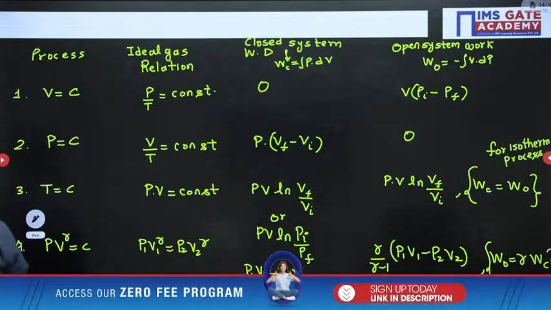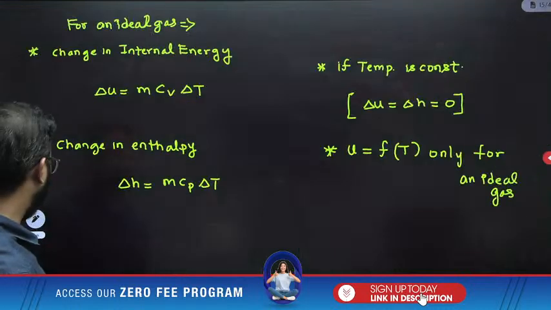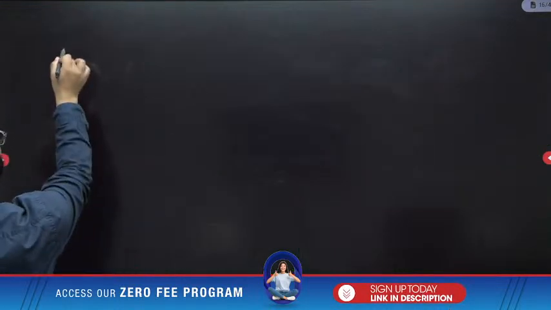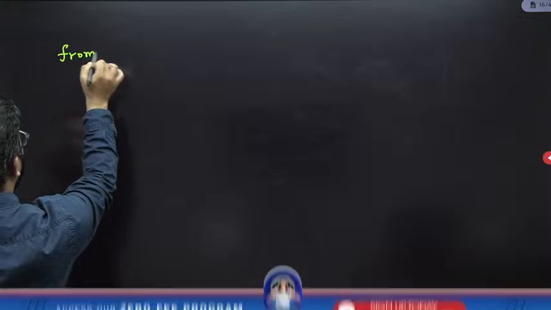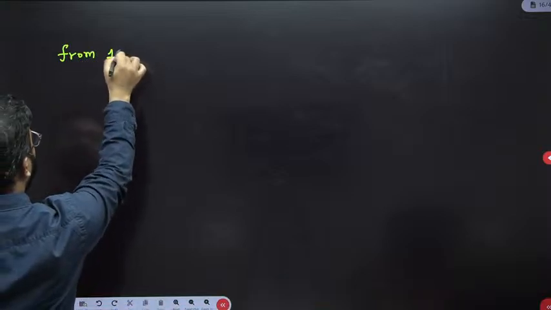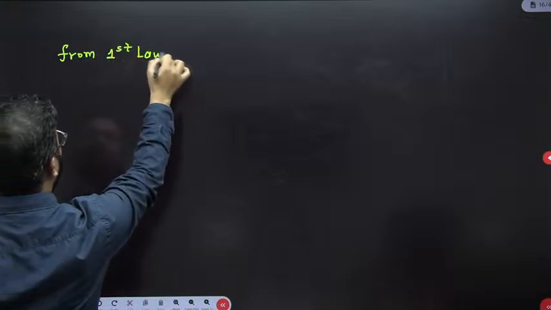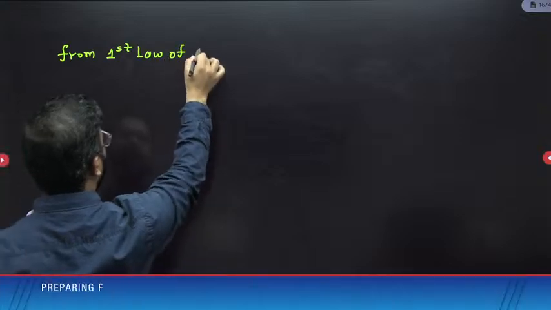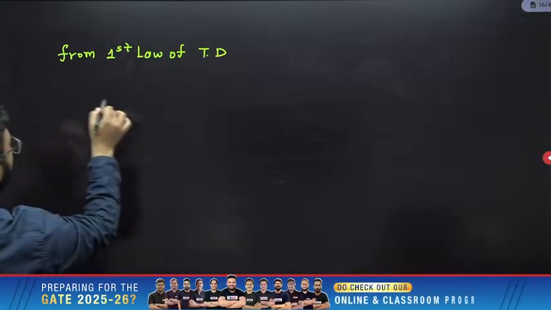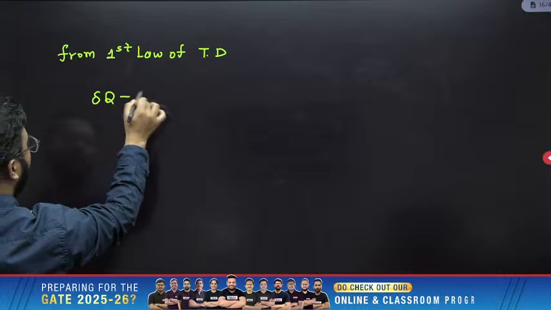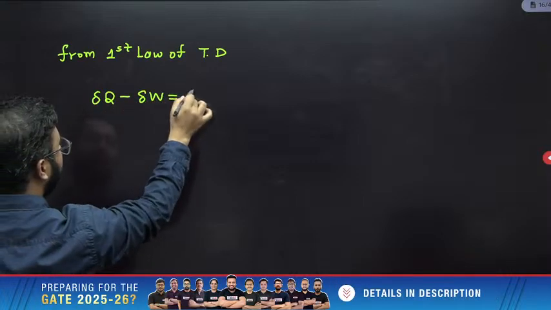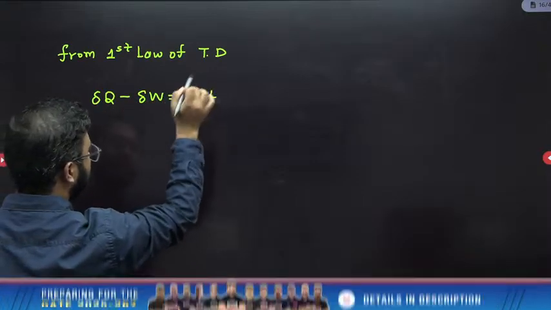Sometimes they will ask for the heat transfer. So from the first law of thermodynamics, you can calculate that heat transfer also. Del Q minus del W equals change in internal energy.